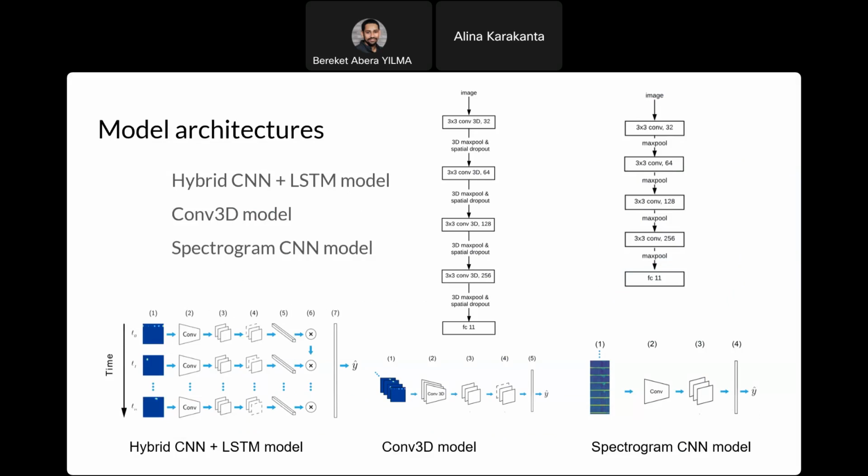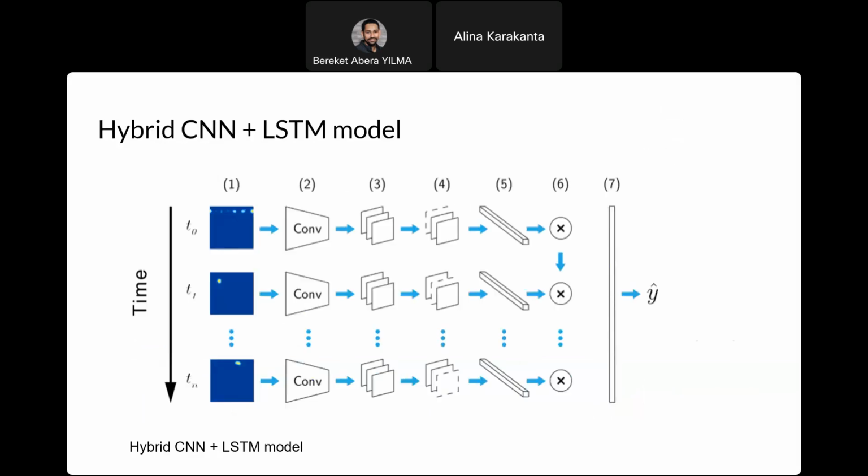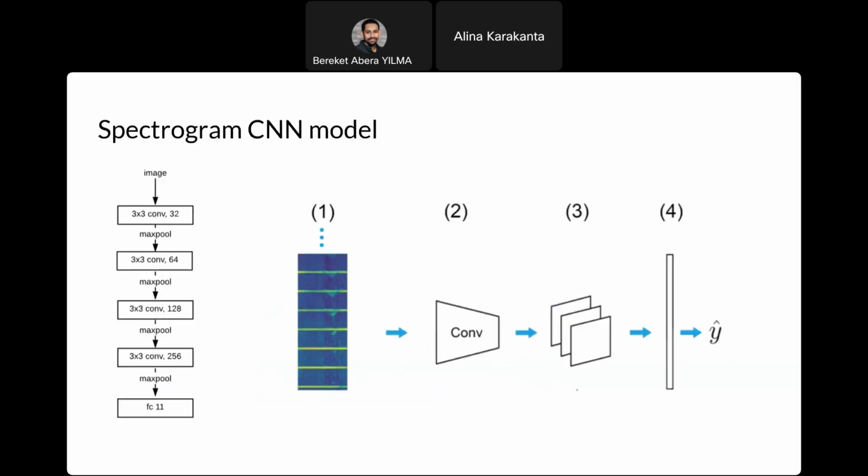The other network architecture is based on convolutional 3D layers, and the final network architecture is based on just 1D convolutional layers. To find out more detail about the model architectures, I invite all of you to read our paper.